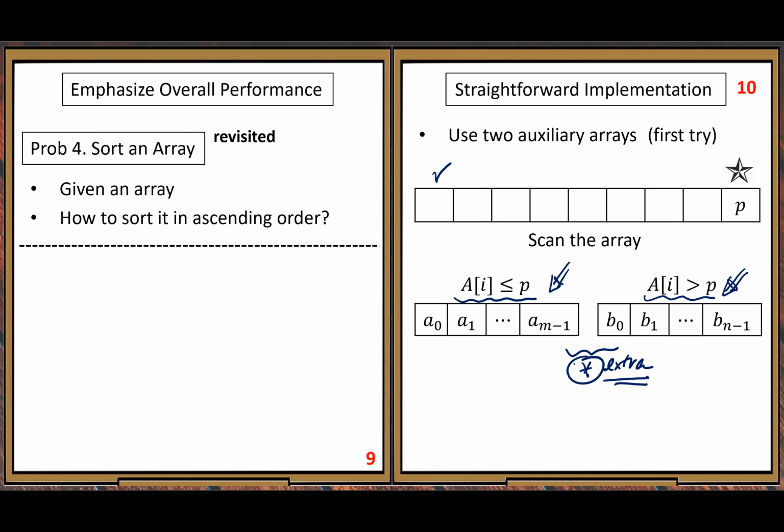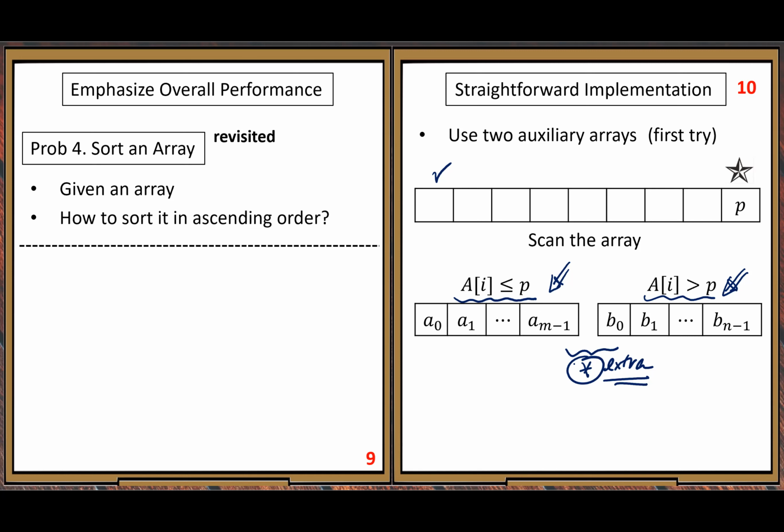In other words, we should only manipulate the elements in our original array, or we can use extra space, but the minimum extra space, not this much. This way, we use too much extra space, so that's the reason it's not good.